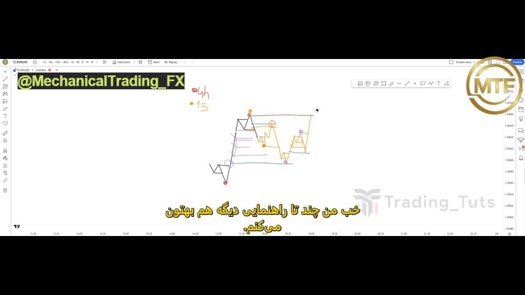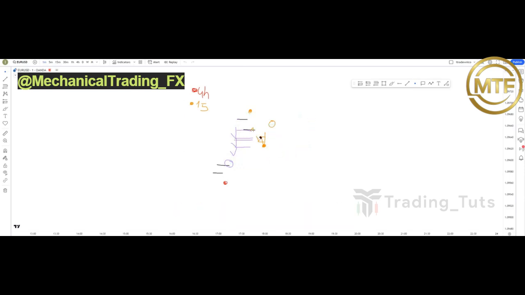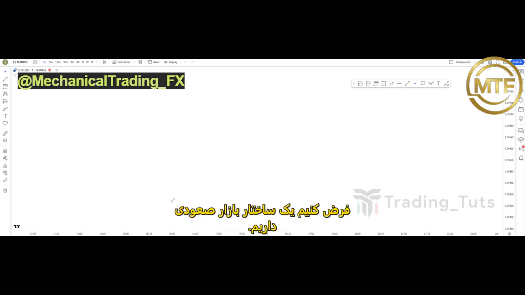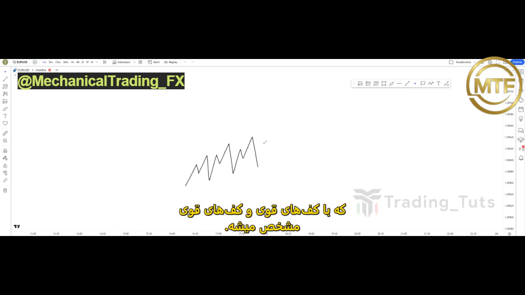Right. So I'm also going to give you a couple of pieces of advice in order to have a range with high probability. We covered market structure, our way of seeing the ranges. Let's say we have a bullish market structure, that will be simply strong low, strong low, strong low, and strong low.